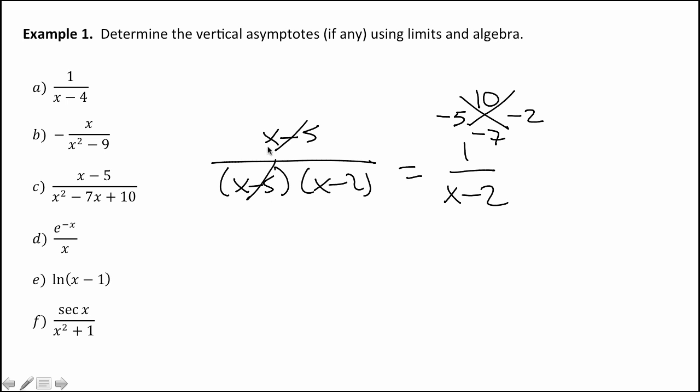So what does that mean about the x minus 5? Does that mean we have a vertical asymptote at x equals 5? And the answer to that question is no, because you ended up canceling the factor, so therefore there is no longer a vertical asymptote at x equals 5.